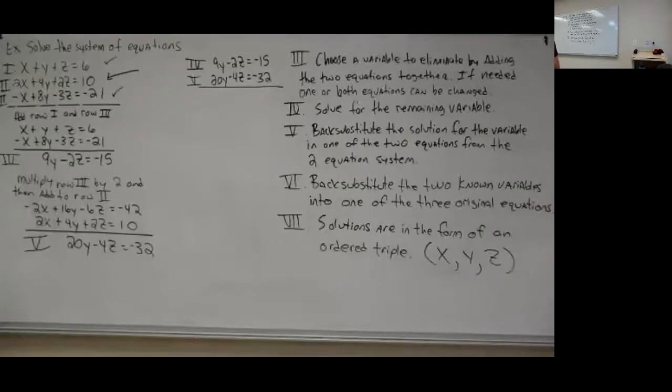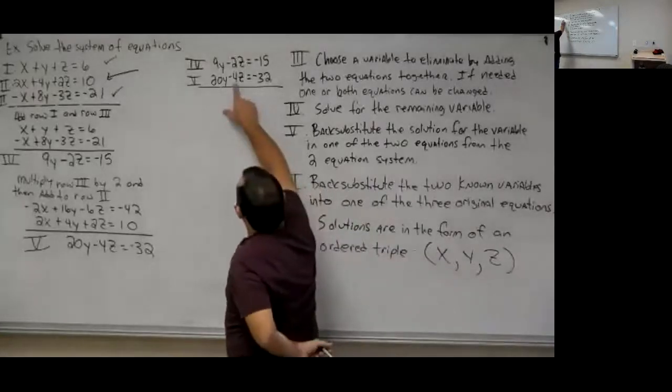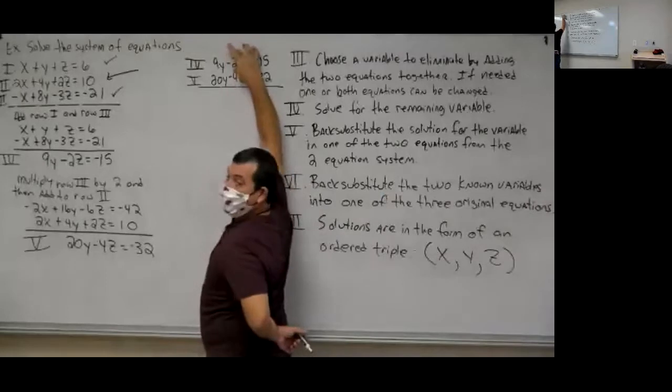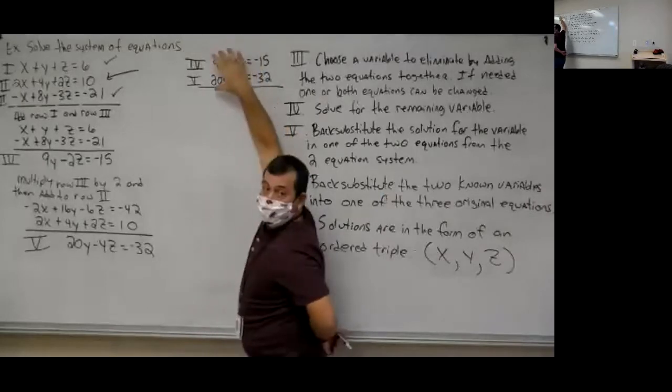I got y's and z's left. I got to pick one of them letters to eliminate. And you know, I tell you what, it's going to be easier to get rid of them z's, it looks like, than the y's. Because the y got a 20 and a 9, I'm going to have to change both of those. But notice, I got a negative 4z here. I can multiply this negative 2 by something to make it a positive 4 to cancel, right?